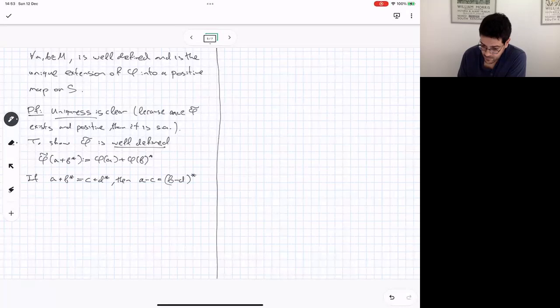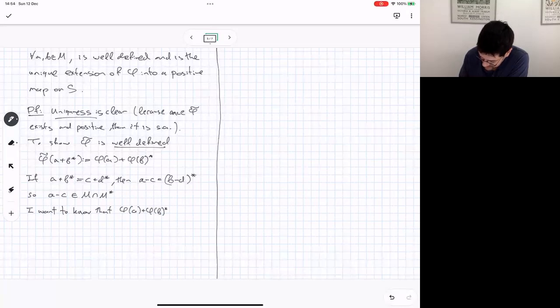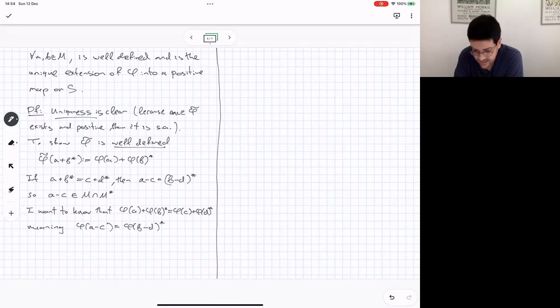So A minus C will be both in M and in M star, because B minus D is in M. And I want to know that phi of A plus phi of B star is equal to phi of C plus phi of D star, meaning phi of A minus C is equal to phi of (B minus D) star, right?